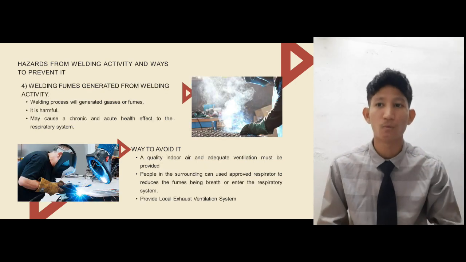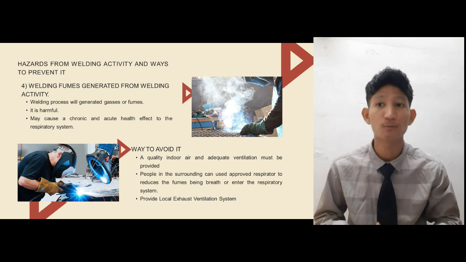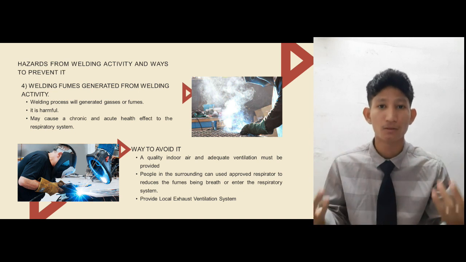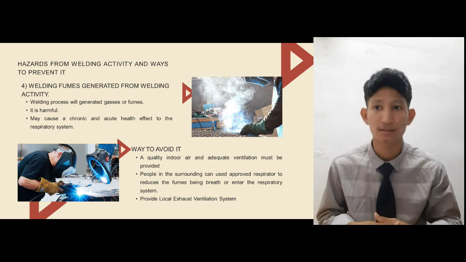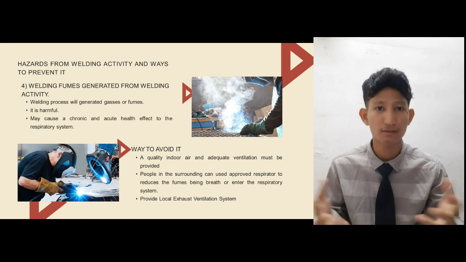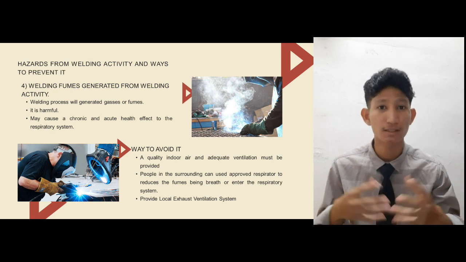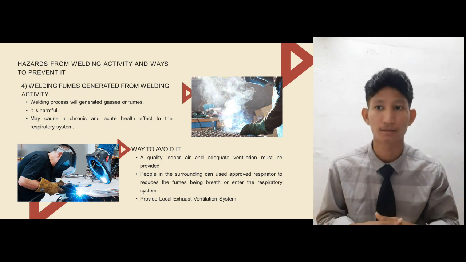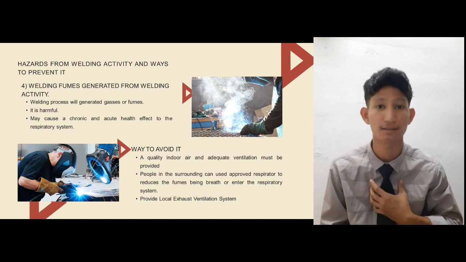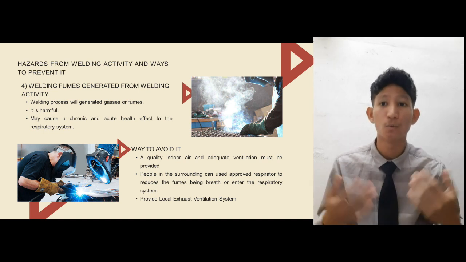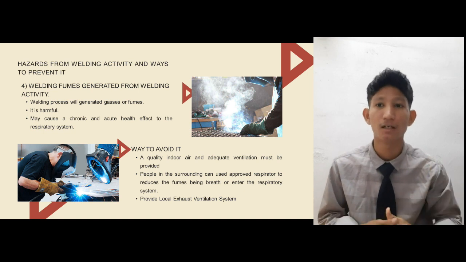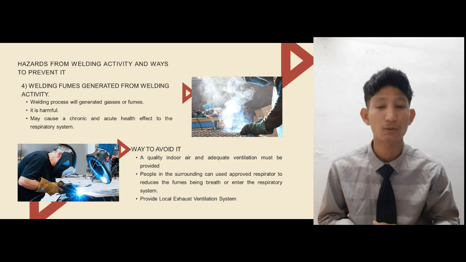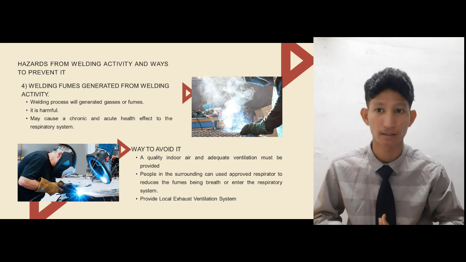Fourth, welding fumes generated from welding activity. In the welding process, there will be gases or fumes generated, which are harmful to the welder and other employees in the workplace. It may cause chronic and acute health effects to the respiratory system. So, the way to avoid it: first, quality indoor air and adequate ventilation must be provided.